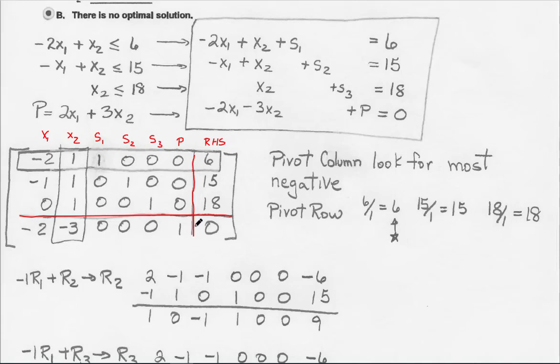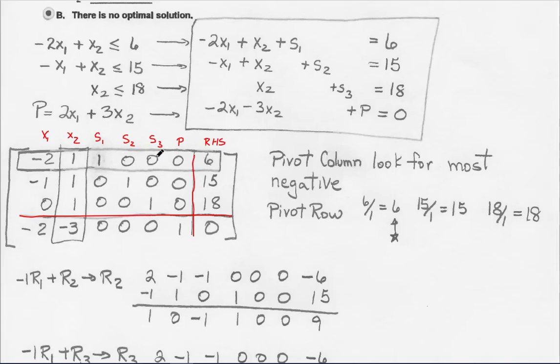So we first look for the pivot column. I'm looking along the bottom here. I'm looking for the item that's the most negative, and that's the -3. That gives me this pivot column. There are 3 rows, so which one is the pivot row? I take the right hand side and we divide that by each of the items in the pivot column.